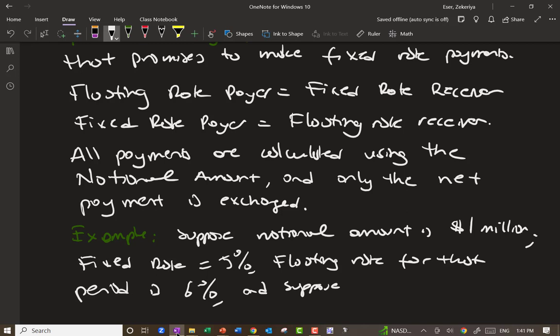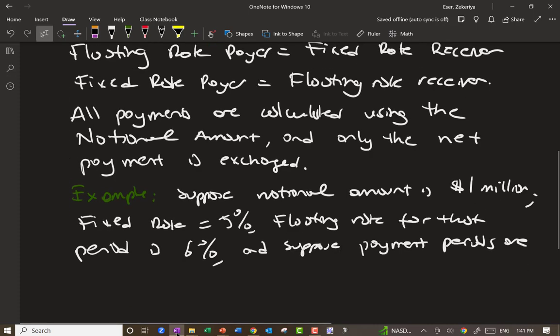And suppose payment periods are 3 months long, which is kind of typical.